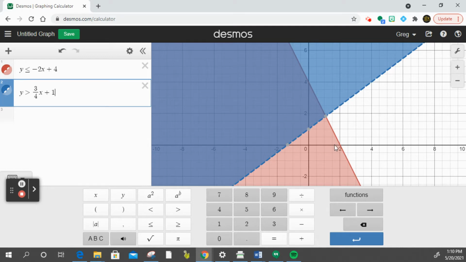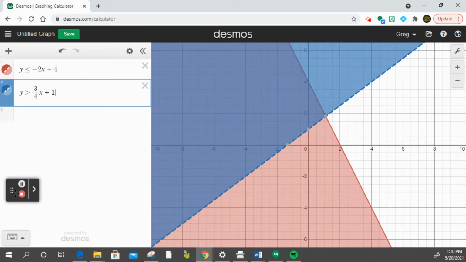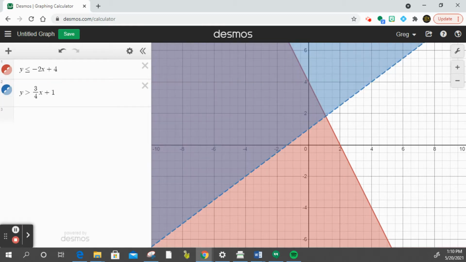Where the colors meet, so these are your normal colors right here, where the colors meet is right here. That is our solution set. So literally, it's going to give you two equations, and you just have to figure out which is your graph. Remember, it's multiple choice, okay? Let's look at the next one.